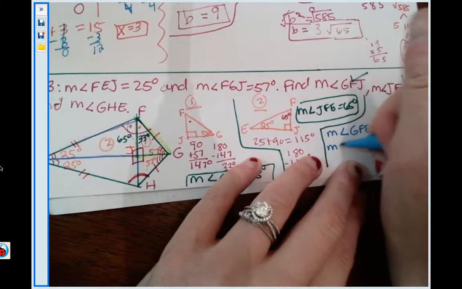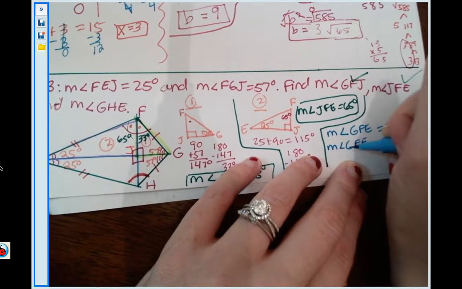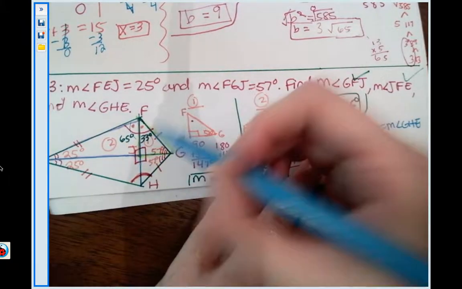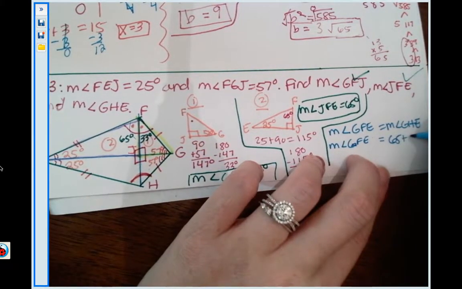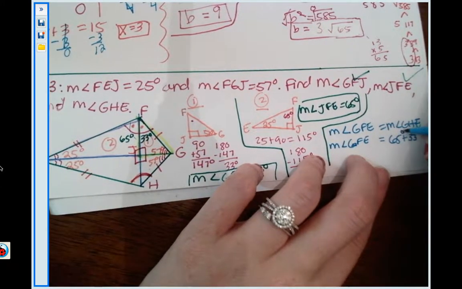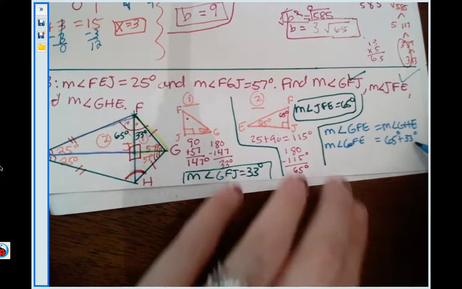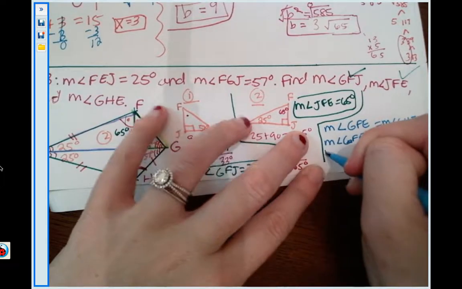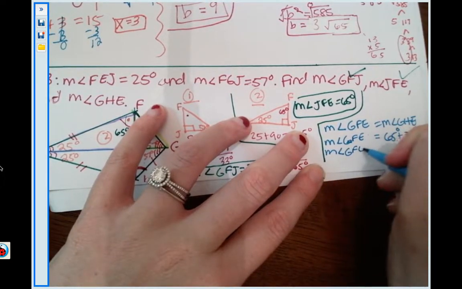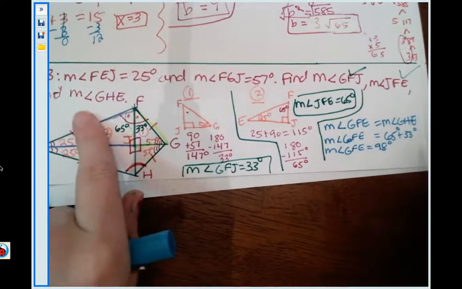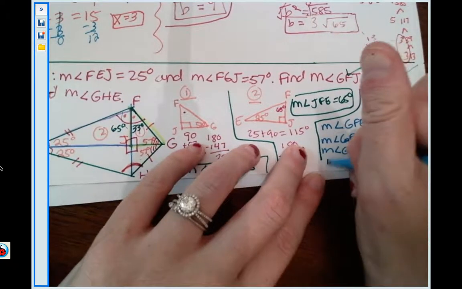Okay, so the measure of angle GFE equals my 65 plus 33 degrees. All right, 65 plus 30 is going to be 95, plus 3 more is 98. So the measure of angle GFE is 98 degrees, which means the measure of JHE is 98 degrees.